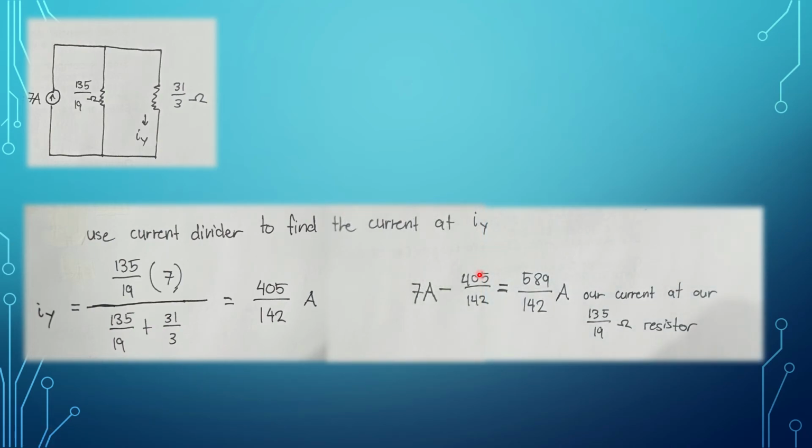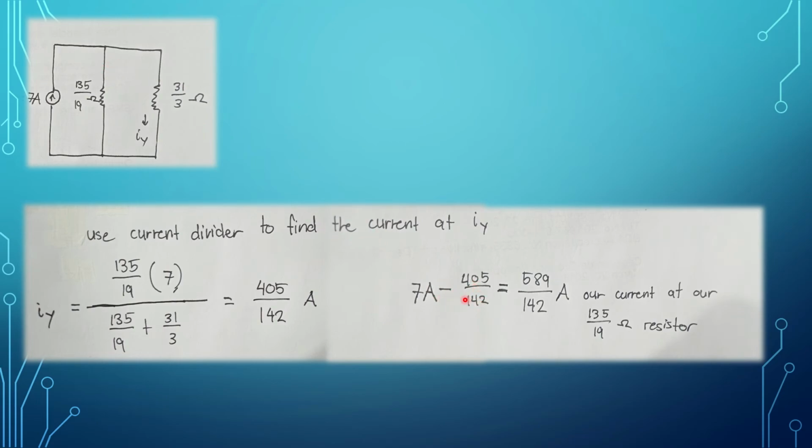Now since we already got Iy here, we need to find the current here. This is simple because we can just subtract 7 minus the current that we got here in Iy, because what we got here is only a portion. Where did the other currents go? Well, they simply went here, and so we just subtract.